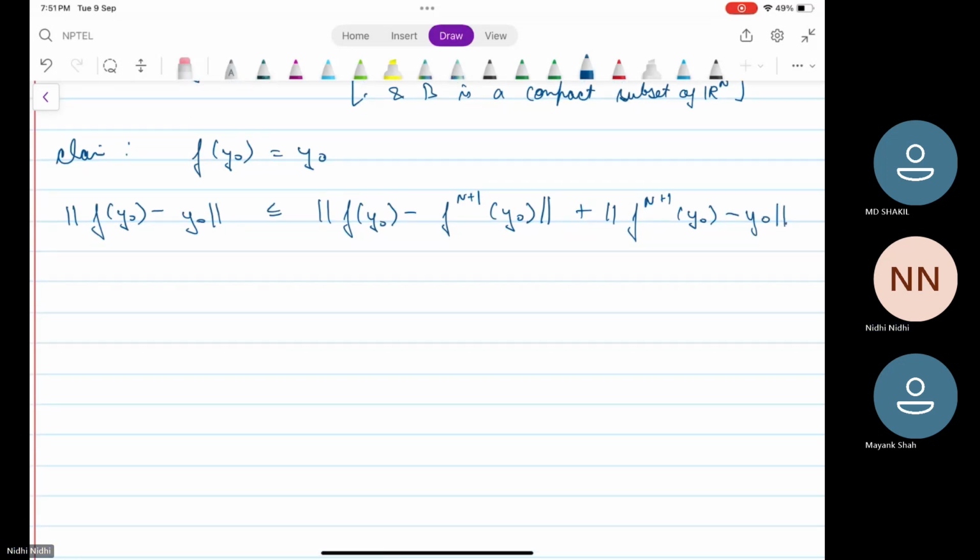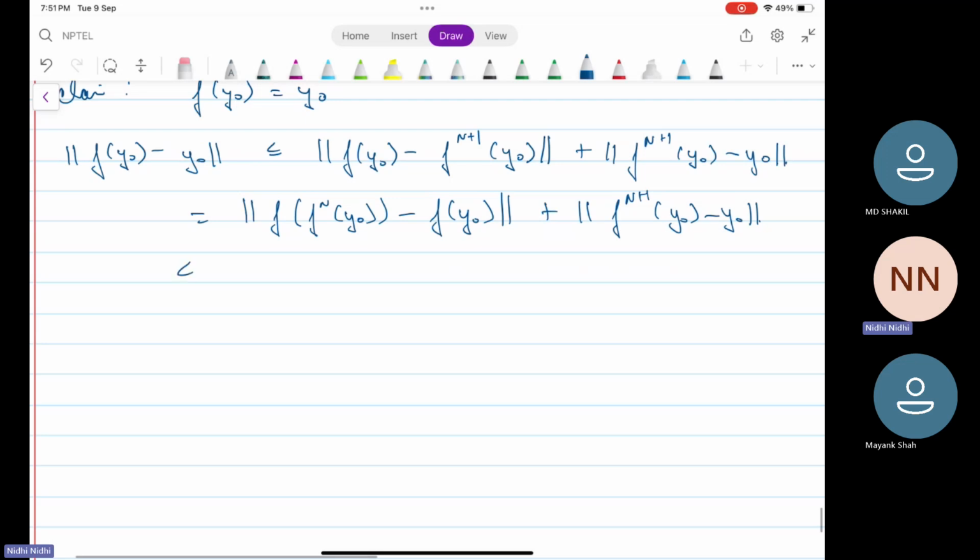Now this is equal to f of n y naught minus f of y naught plus f n plus 1 y naught minus y naught.